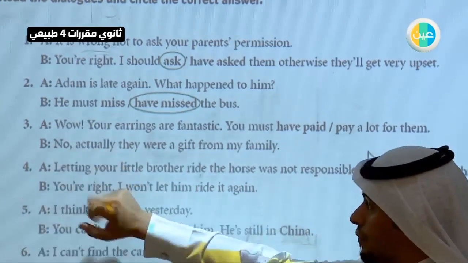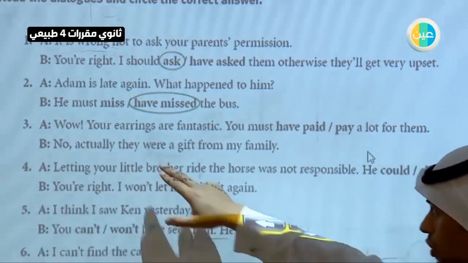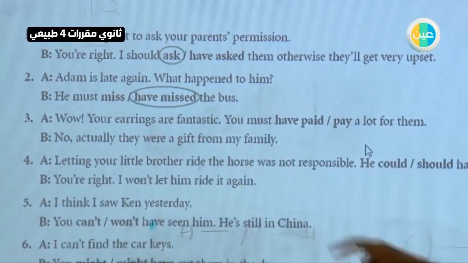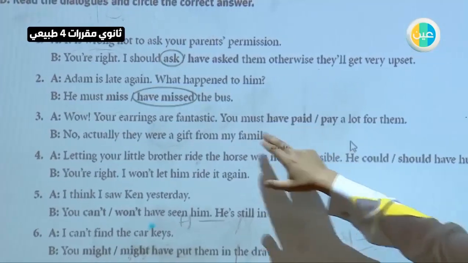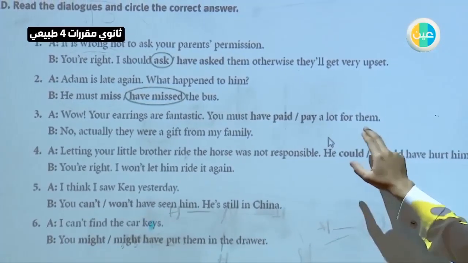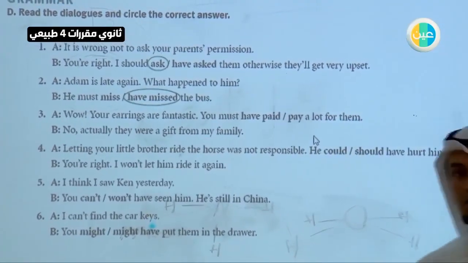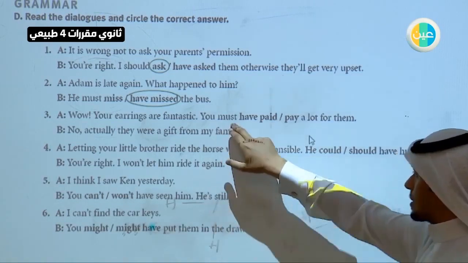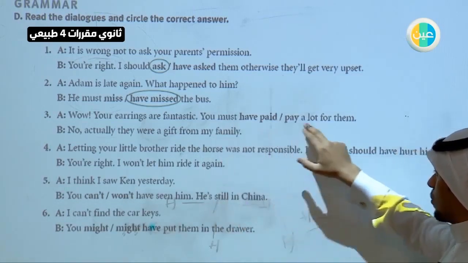3, A. Wow, your earrings are fantastic. You must have paid, or you must pay a lot for them. So I saw earrings on someone and I say, your earrings are fantastic. You must have paid a lot for them.